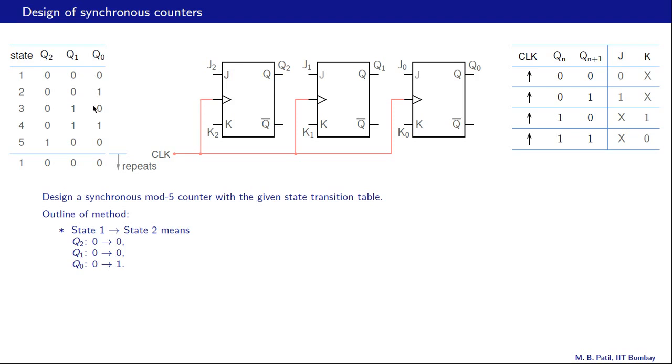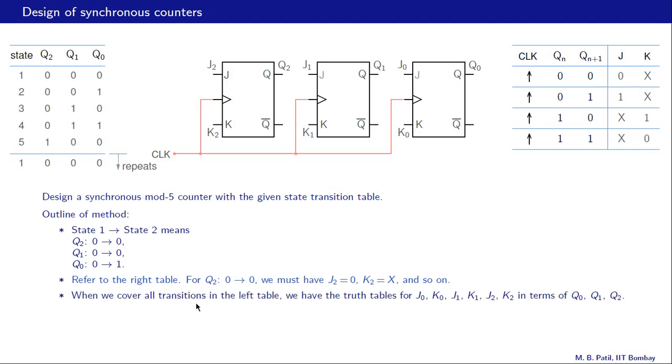That is the meaning of state 1 going to state 2. Alright. Now what we do is refer to this table on the right hand side, this one that we saw in the last slide. Now for Q2 to go from 0 to 0, we look at this entry, Qn equal to 0, Qn plus 1 equal to 0. Then we require J2 equal to 0 and K2 equal to X, and so on.